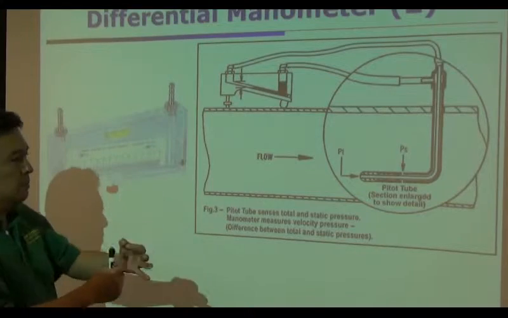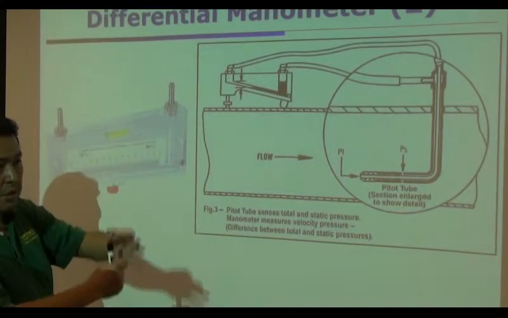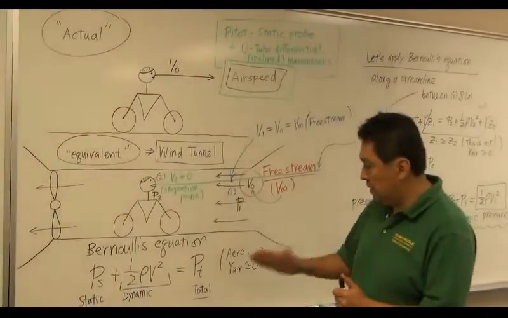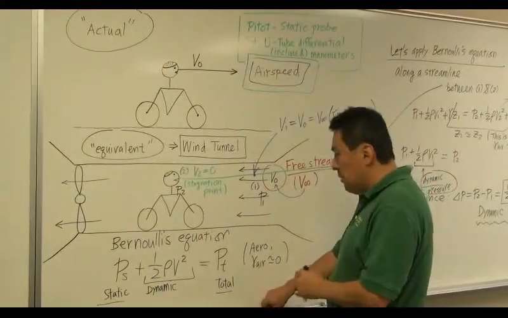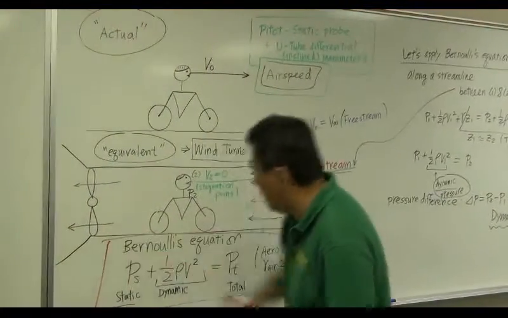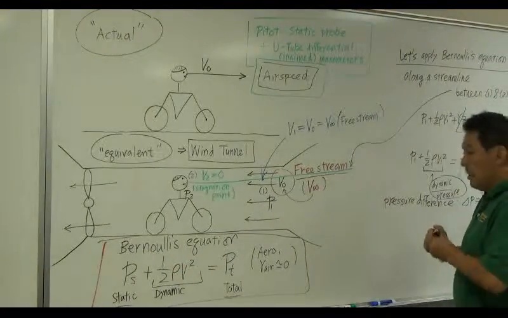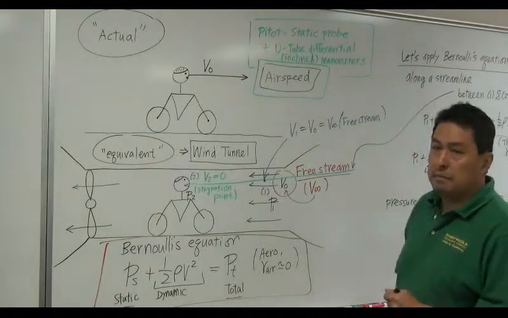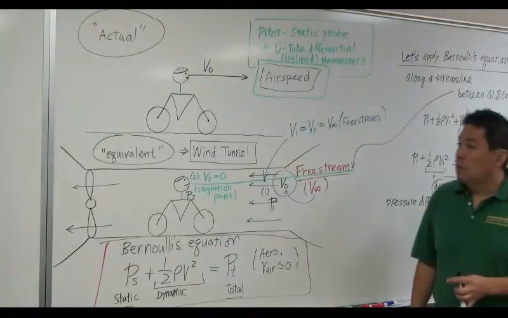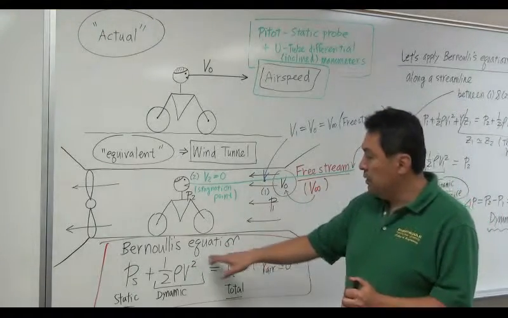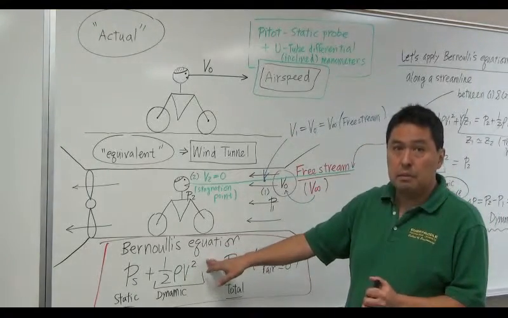Actually, not the manometer, it's a vertical pipe. It's a pressure head. So that's the expression of dynamic pressure head you can produce for a given wind tunnel test. It is all coming from Bernoulli's equation. So it's a very, very important fundamental equation to understand how airspeed is determined. Okay. So we are going to take a look at more of Bernoulli's equation, but hopefully you understand the very, very basic concept about Bernoulli's equation.